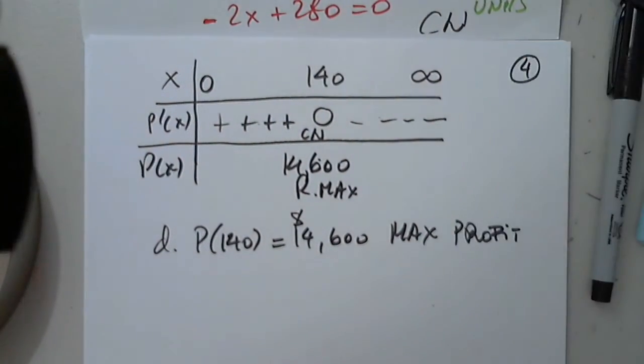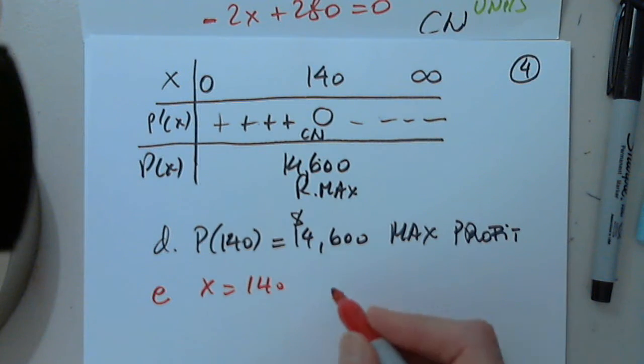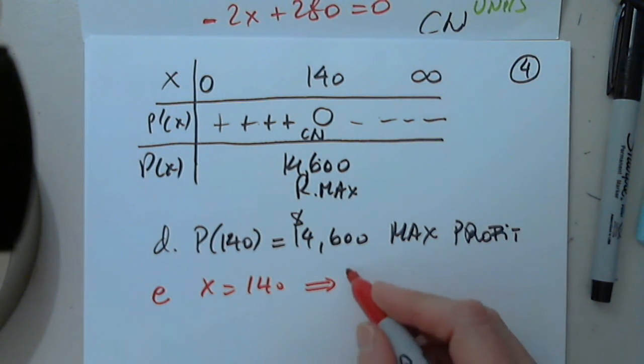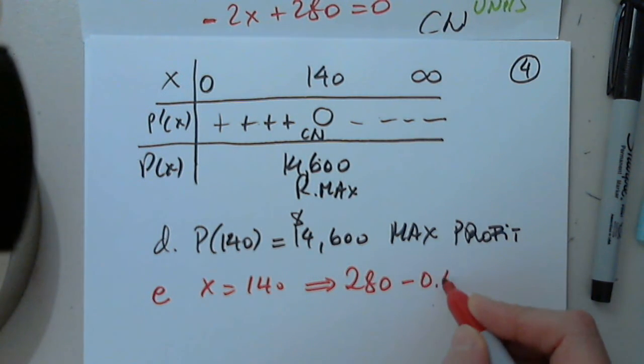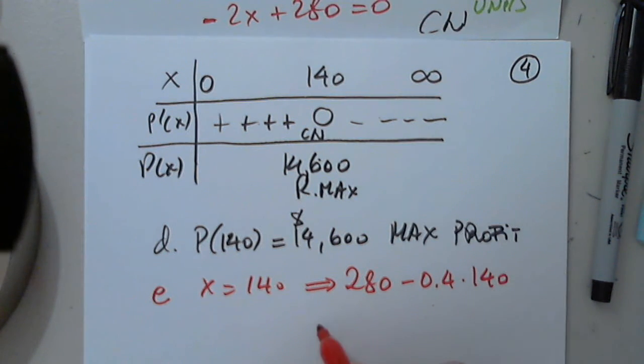So p of 140, lowercase p, or just say X equals 140, not to be confused with this. And from here we have 280 minus 0.4 times 140. And this will be the price.